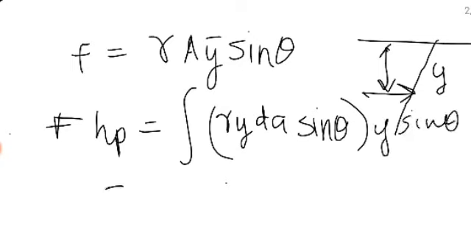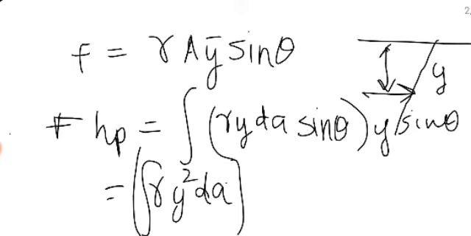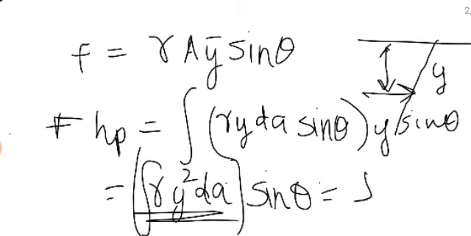So we have this as the integral of gamma y squared dA times sine squared theta. Now this is nothing but the second area moment of inertia, that is Ixx. So we can write this as Ixx sine squared theta.